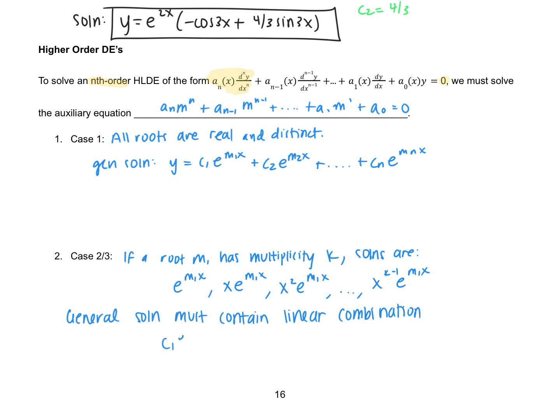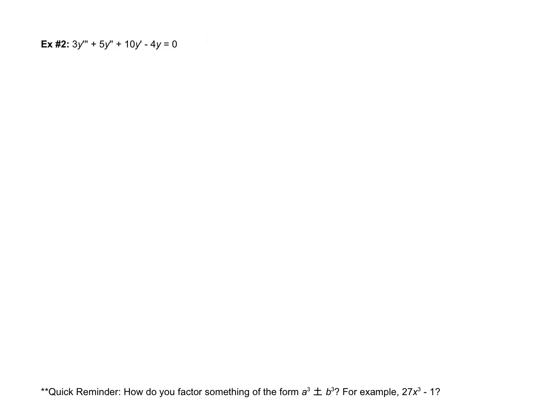It would have c1 e to the m1x, add c2 x e to the m1x, add c3 x squared e to the m1x, all the way up to ck x to the k minus 1 e to the m1x. And the case of distinct complex roots is going to be the same as case 3 from before. So to end this video, we're going to take a look at one more example, this time of a third order homogeneous linear differential equation.